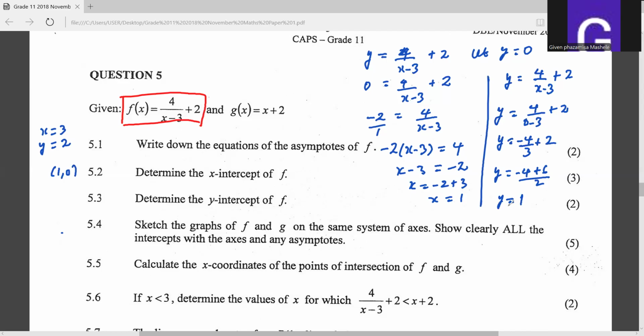Is it 1? Okay, let me just confirm. Minus 4 over 3 plus 2. No, it's 2 over 3. Oh, I apologize, 2 over 3. So it's very important to confirm. I divided by 2 instead of 3. So this will be 2 over 3. So the coordinate when x is 0, y is 2 over 3.